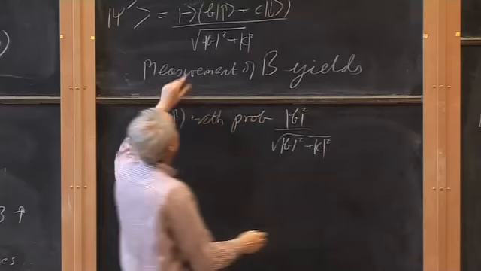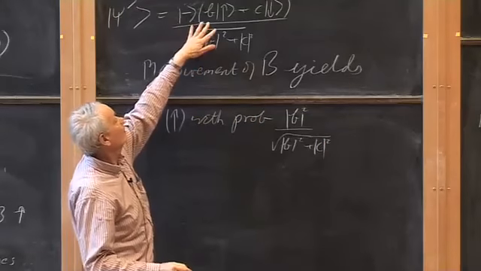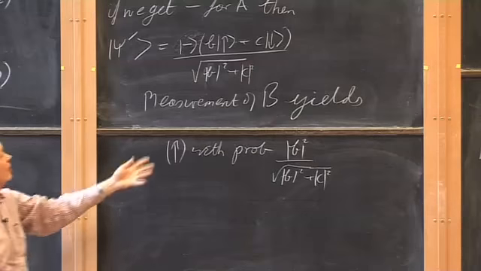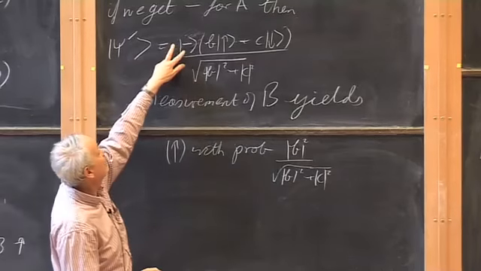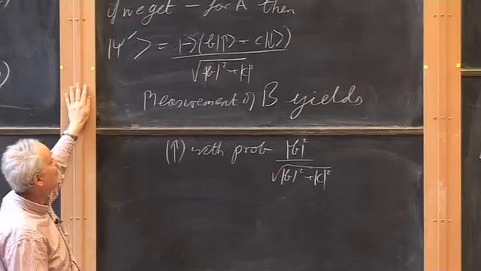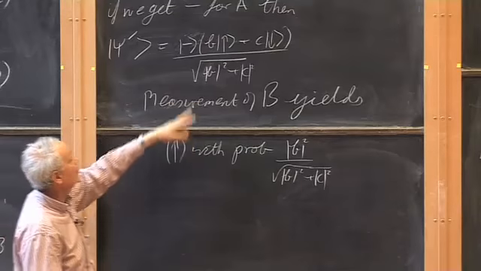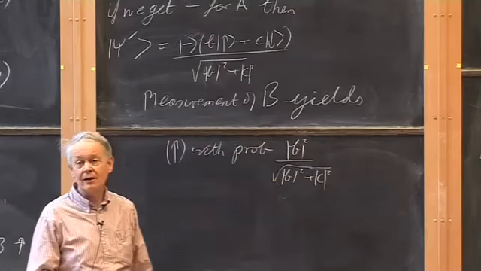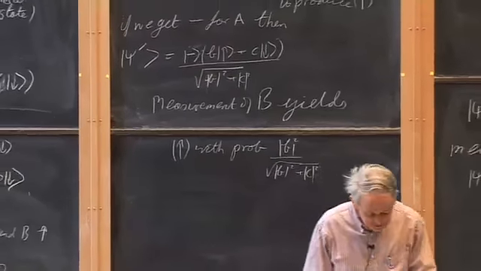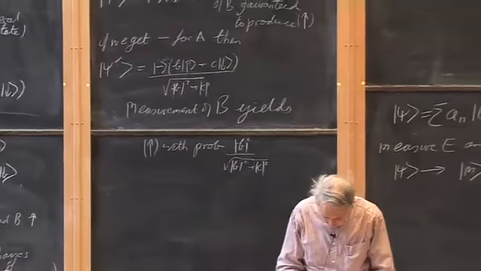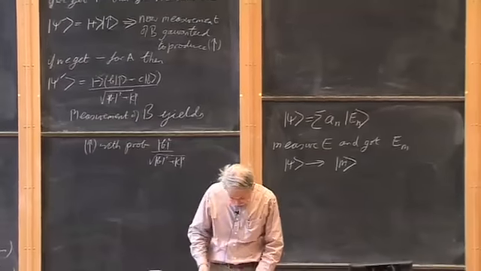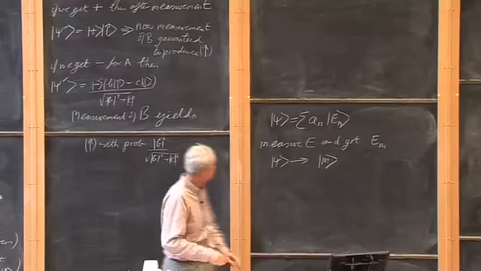So we now apply the same old rules about the interpretation of the amplitudes, right? Because we are certain to get minus if we measure A again, but if we measure B, we can get two outcomes, either up or down, and the probabilities are like that. So that's a conjecture, a theoretical statement about how the interpretation of the theory works, and we just have to accept it and see whether it leads to proper experimental predictions.